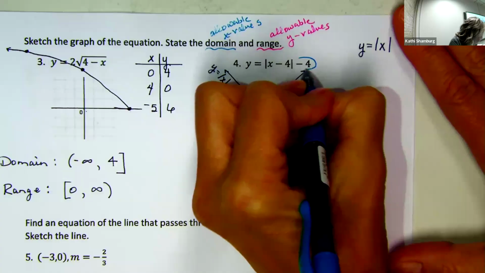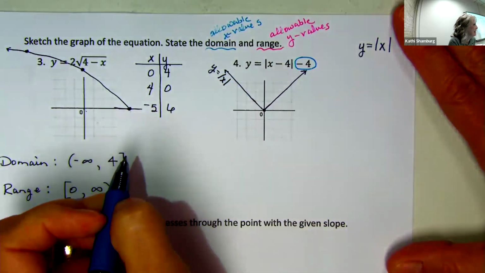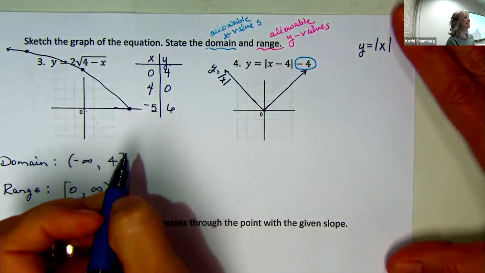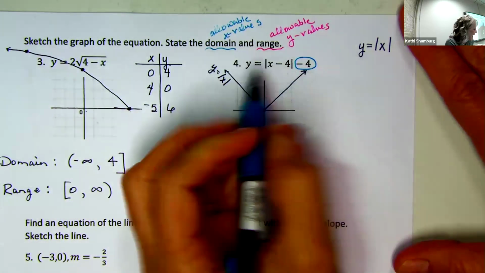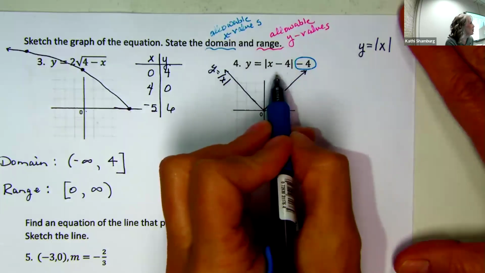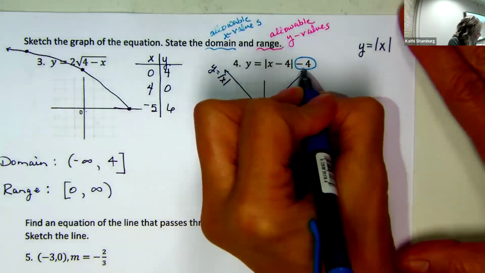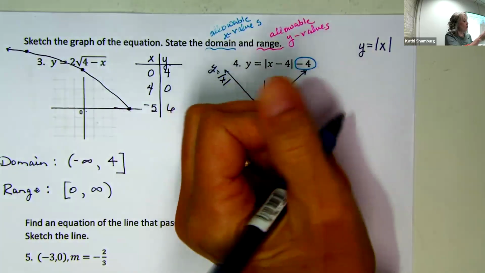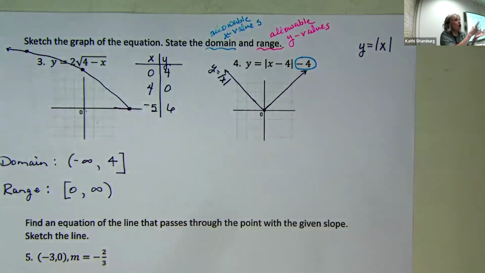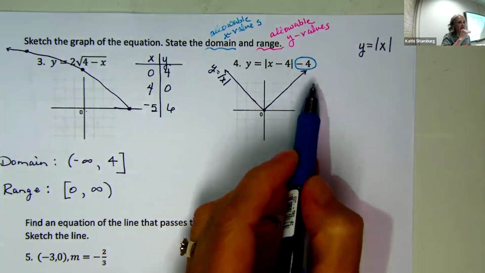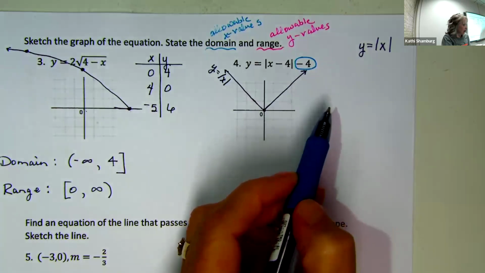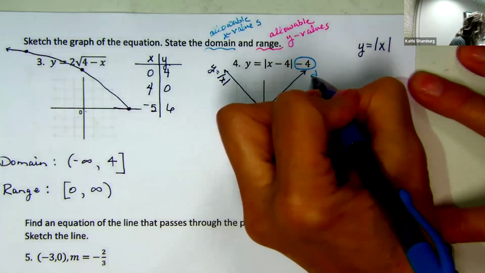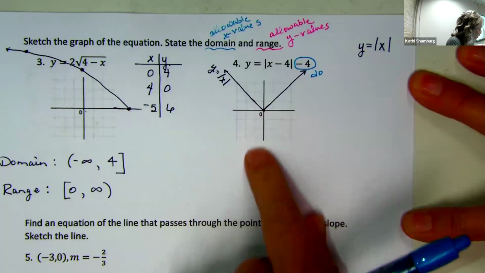That is your up or down. If it's outside the absolute value, that's your up or down. Because it's negative, if this was positive 4, you would go up 4. Since it's negative, we're going to go down 4. So this tells me that this point will go down 4.